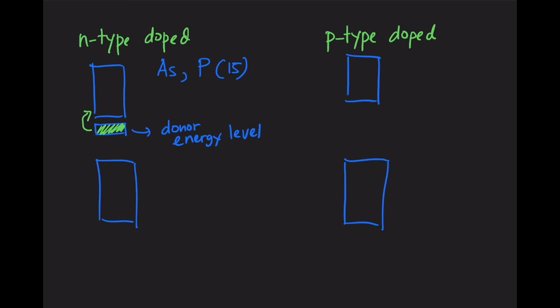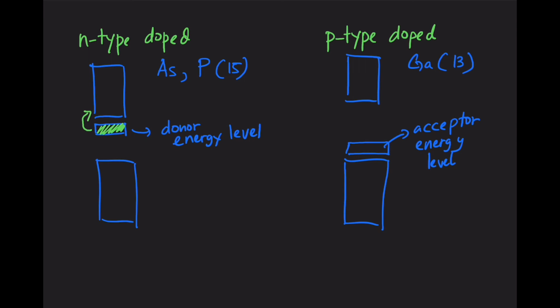On the other hand, for the P-type system, we dope the germanium or silicon with group 13 elements like gallium. And because they are lacking electrons in comparison to group 14, it will instead provide an acceptor energy level, which is empty.